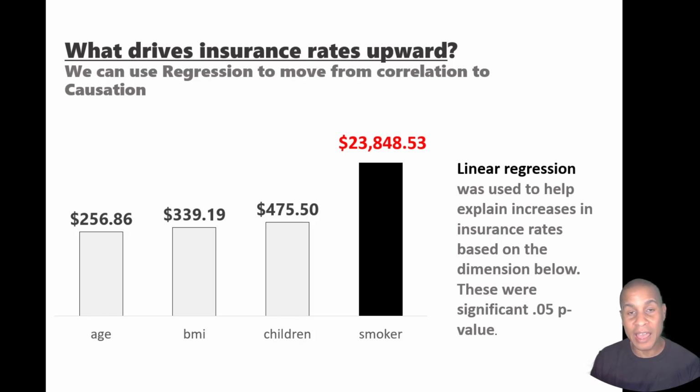For each child, we're going to see rates go up $475. For each increase in BMI per unit, we're going to see things go up $339. And for each year of increase in age, we're going to see an increase of $256.86.